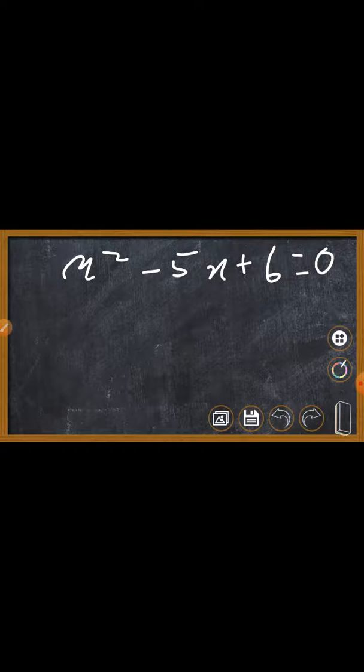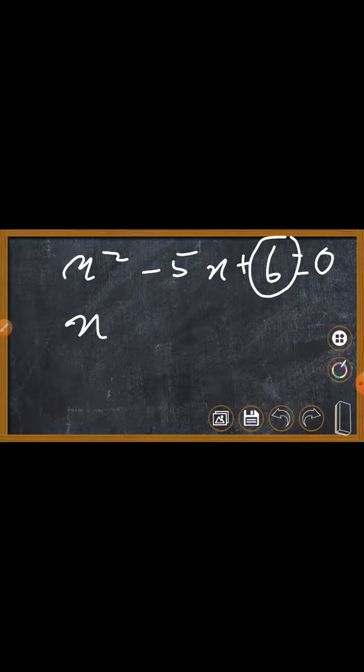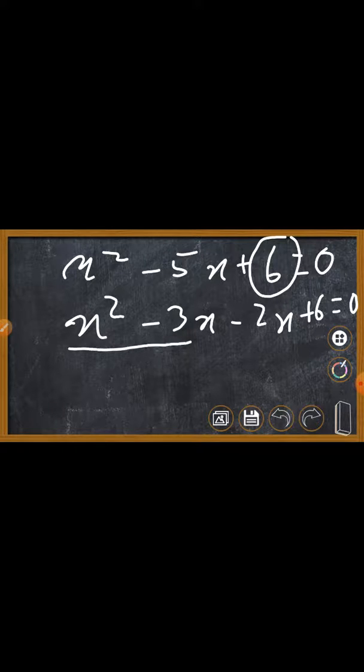Okay, so you know that after prime factorizing 6 you get 2 into 3, so you write x square minus 3x minus 2x plus 6 is equal to 0. Then from the first two terms you take x common and write x into x minus 3.